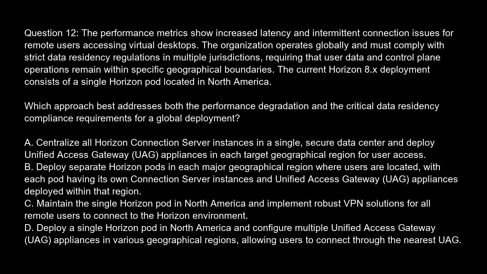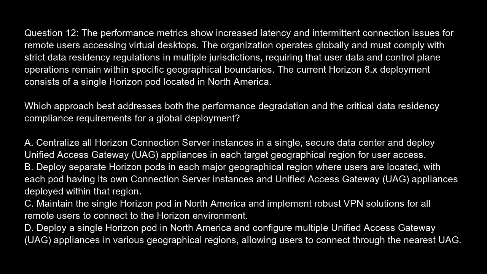Option A. Centralize all Horizon connection server instances in a single secure data center and deploy Unified Access Gateway (UAG) appliances in each target geographical region for user access. Option B. Deploy separate Horizon pods in each major geographical region where users are located, with each pod having its own connection server instances and Unified Access Gateway (UAG) appliances deployed within that region.